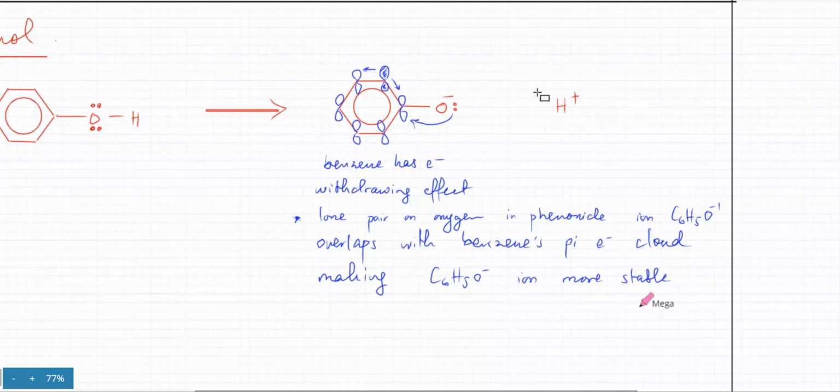So it no longer attracts the H plus 1 that strongly. So hence there's going to be more dissociation. And there's going to be less attraction for H plus 1.